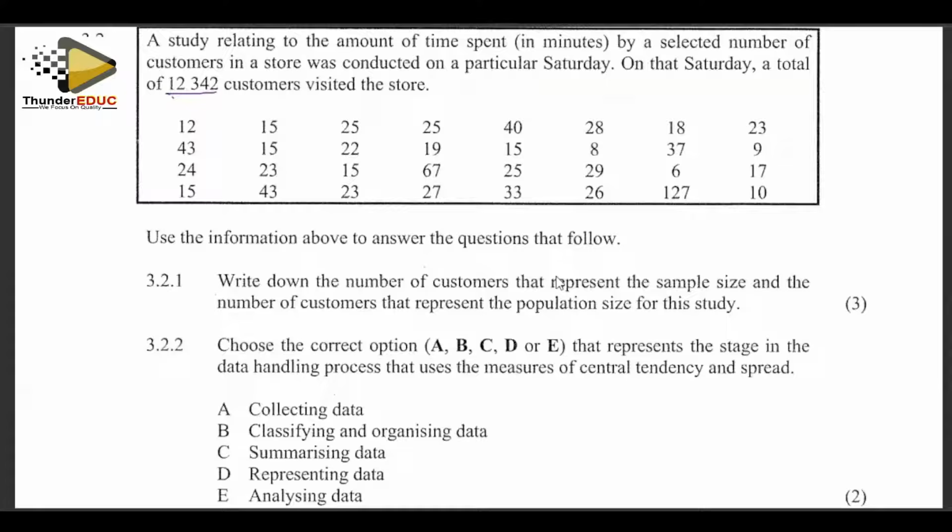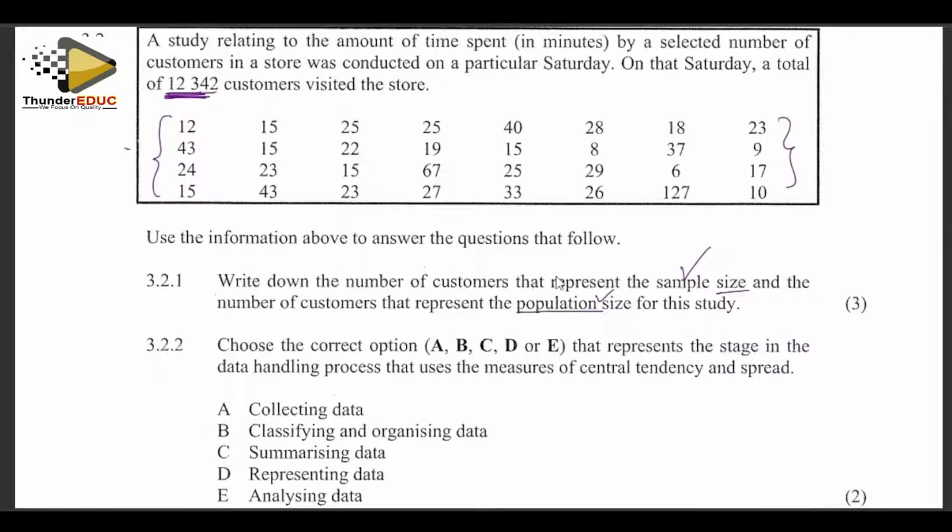Use the information above and answer the question that follows. Write down the number of customers that represented the sample size and the customers that represented the population size. Now, the sample size are these ones that they collected. But then the population, it's this number here.